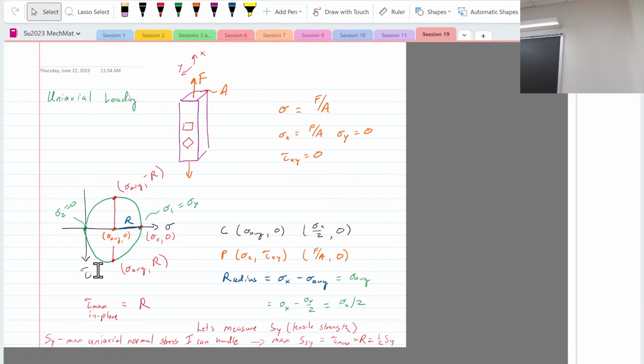If you're looking for the maximum in-plane shear stress, set that equal to 0, and then you can figure it out. Does that make sense? Okay, good question.